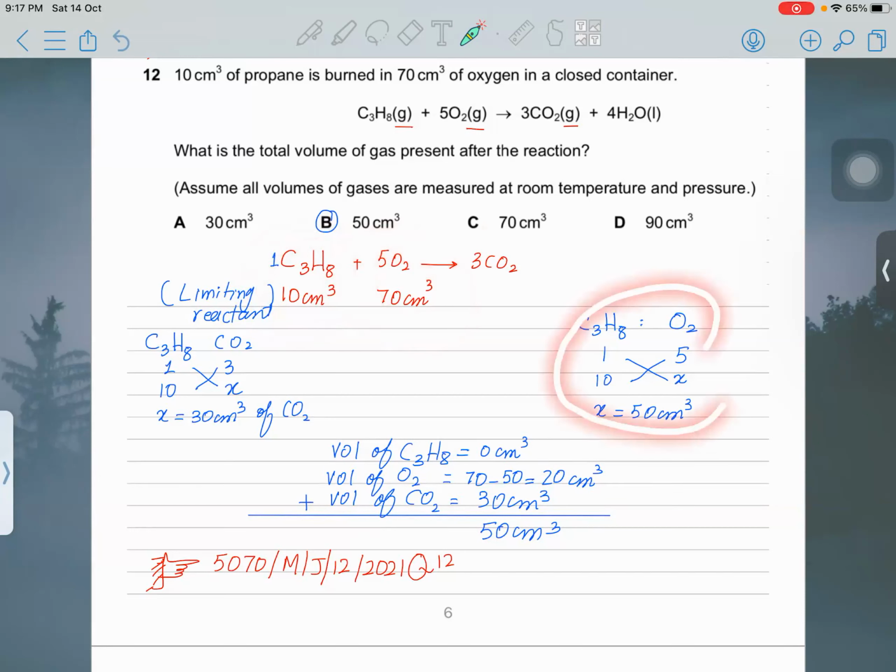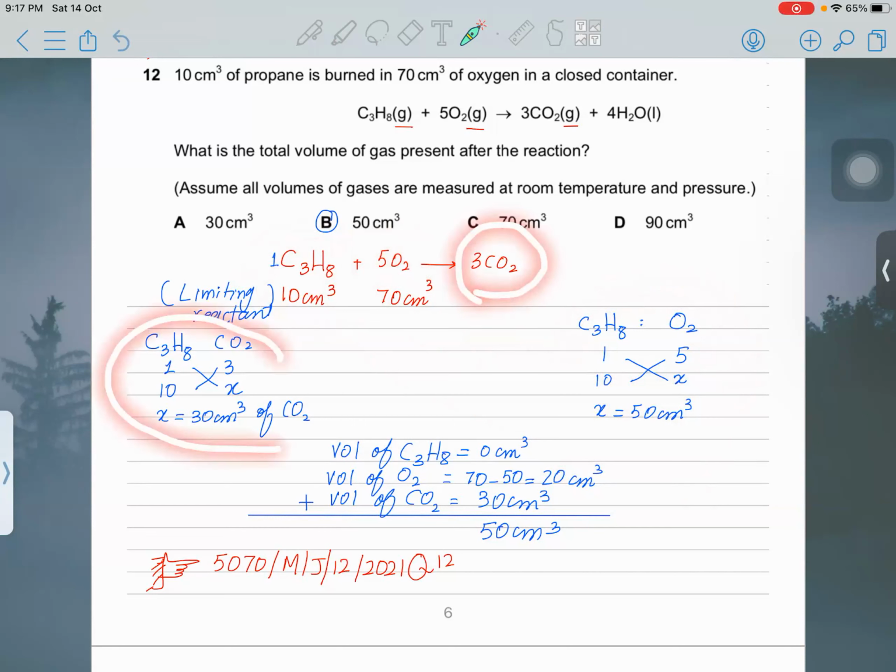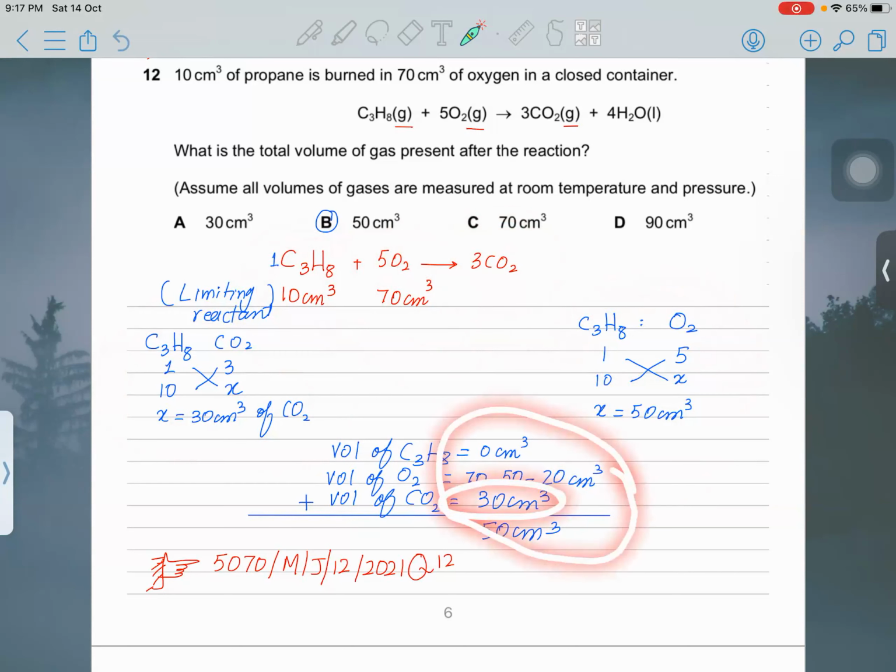According to the ratio, 50 cm cube is consumed. So what would be the remaining volume of oxygen? 20. Similarly, carbon dioxide produced is 30 cm cube. So what would be the total volume? 50 cm cube. Any question?